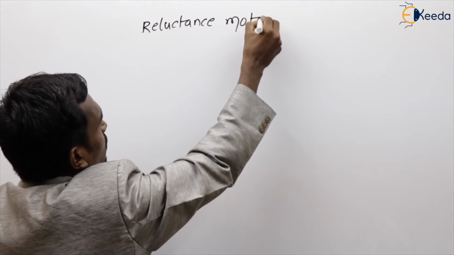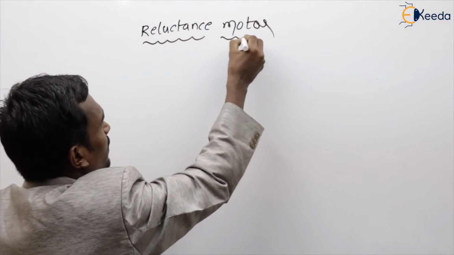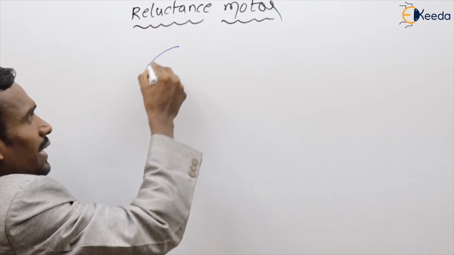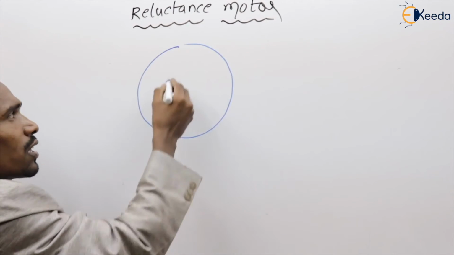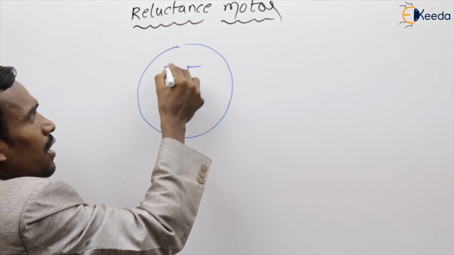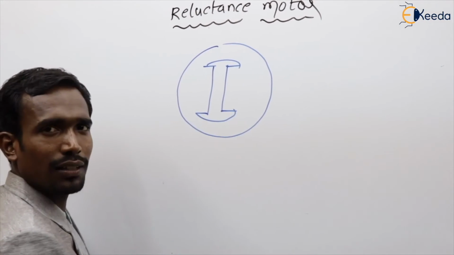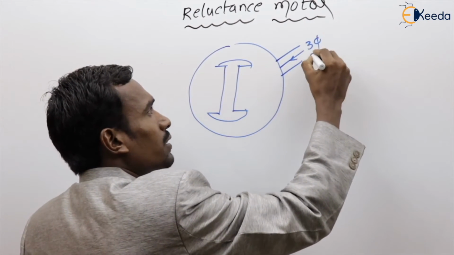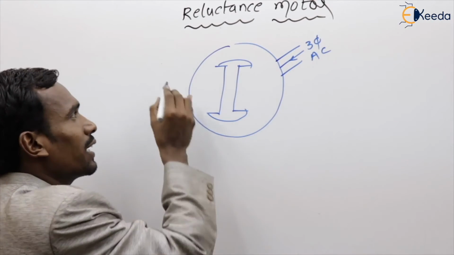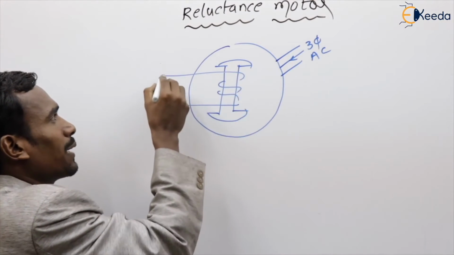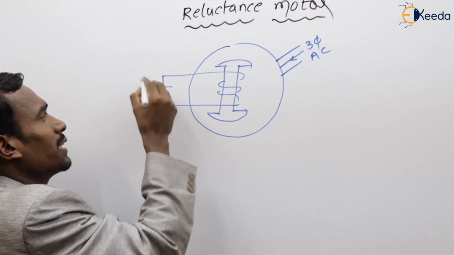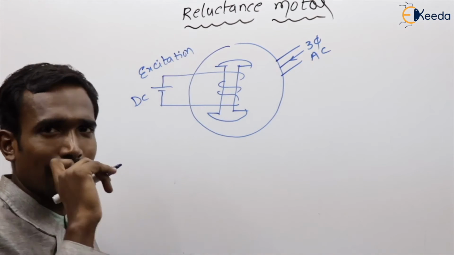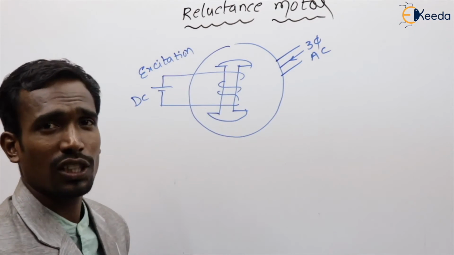Can you tell me what a reluctance motor is? For example, if we take a synchronous machine, this is my synchronous motor. A synchronous motor is generally given a 3-phase AC supply, and the rotor is given a DC supply, which is nothing but excitation.